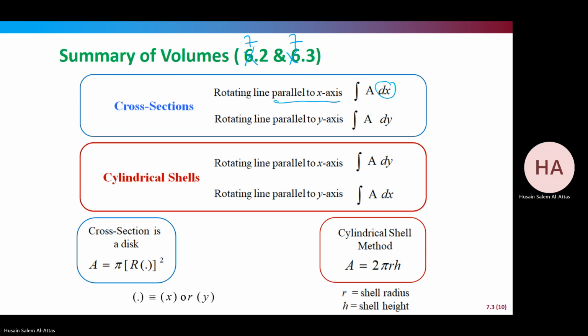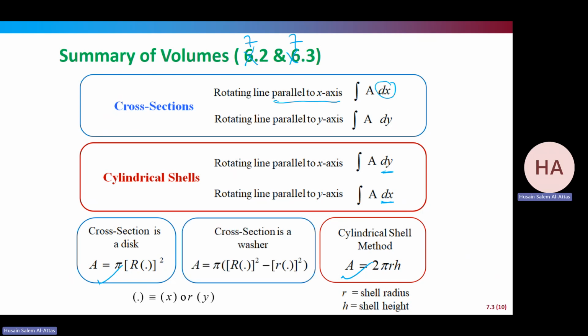Cylindrical shell, parallel to the x-axis, I have things in terms of y. Parallel to the y-axis, I have the terms of x. And this is the disk, and this is the shell method. I have 2 pi times, and this is I have pi times r squared. And this is the washer. Okay.